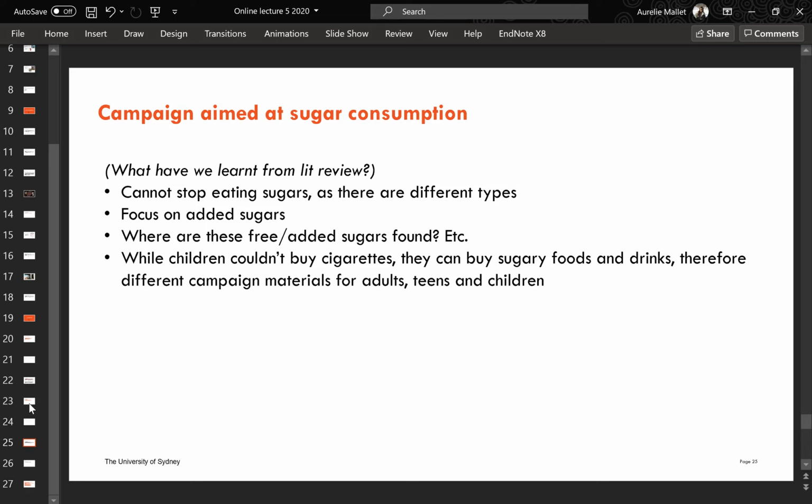But with sugar, sugars are found everywhere, like in the little ad we saw with the apple. When they reconstitute apple, it's not just used in adult food like, I don't know, muesli bars, but it's also used in baby food, and fruit roll-ups for kids. So we would have to be careful in creating the different materials for adults, teens, and children.